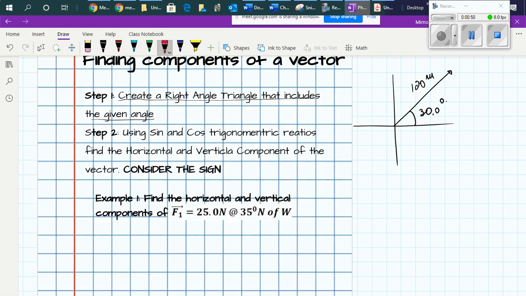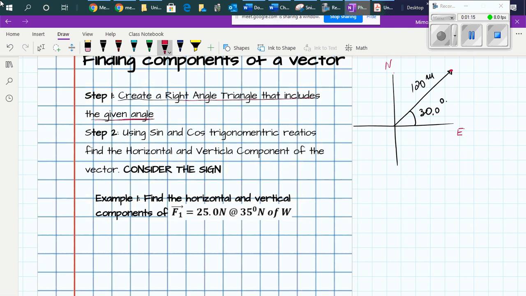From the tip of the vector, we have two opportunities to go, in this case to go north and to go east. However, the very first step says to create a right angle triangle that includes the given angle. If you go north, then it doesn't include the given angle.